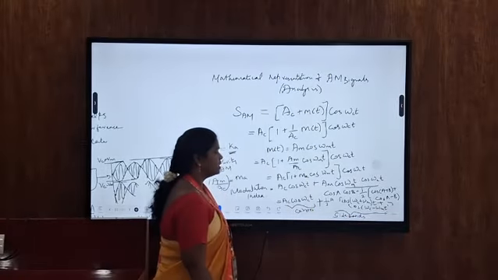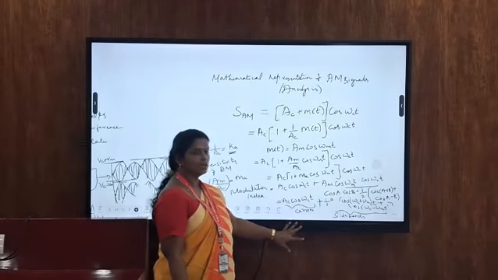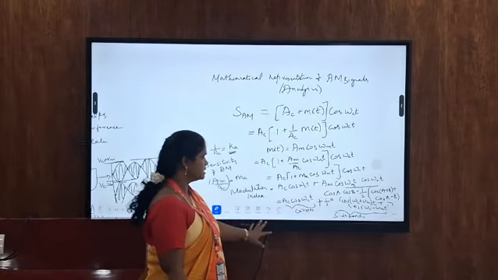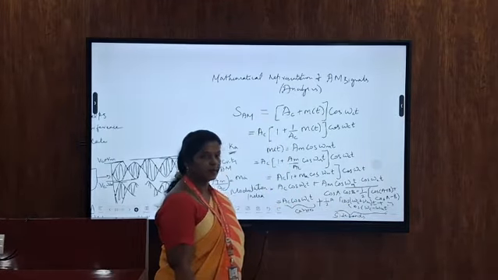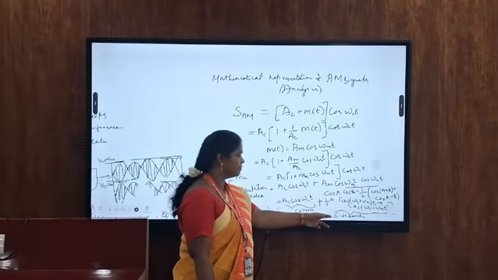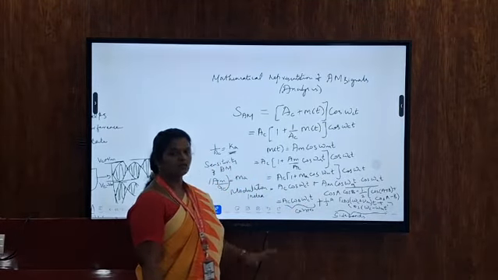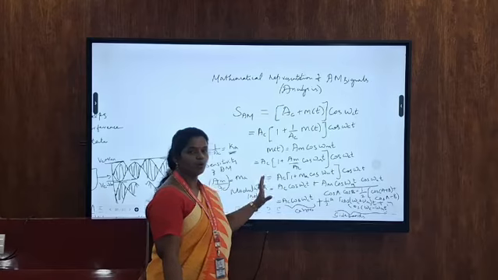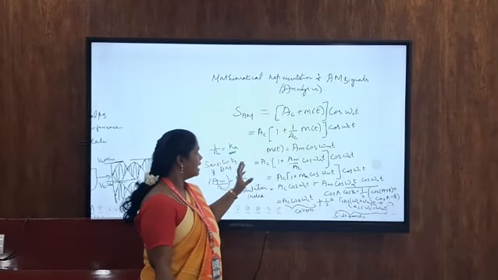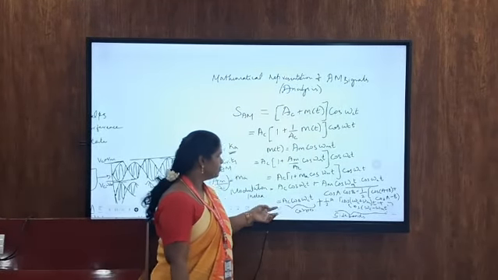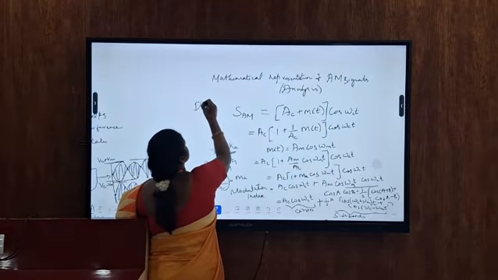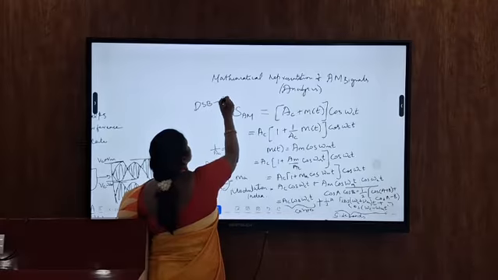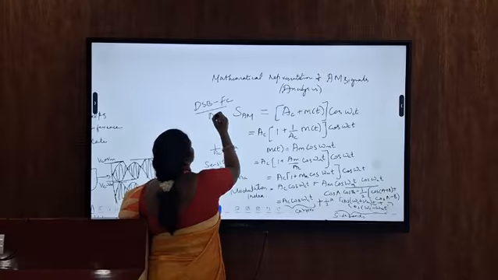Side bands are usually generated after the modulation is done. This is the upper side band and this is the lower side band. The addition of these two gives the side bands. Overall, this is the time domain representation of amplitude modulation, which we see as double sideband full carrier amplitude modulation.